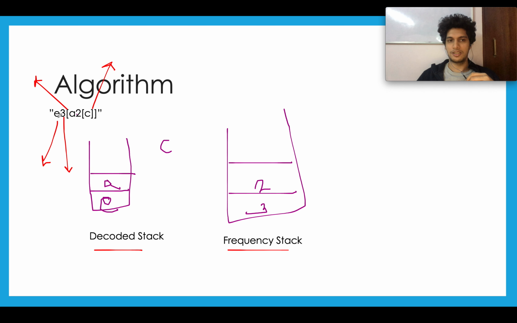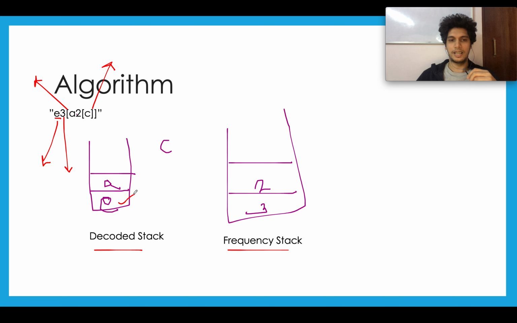When you see a letter, you store it in a variable, and when you see a digit, you store it in another variable. As soon as you see an opening bracket, you push these values into the respective stacks.